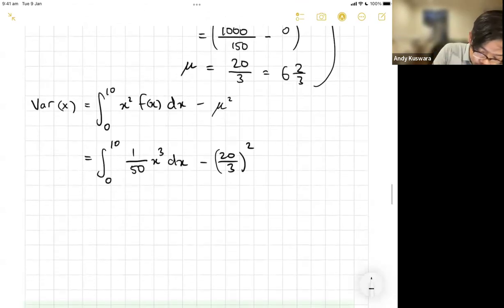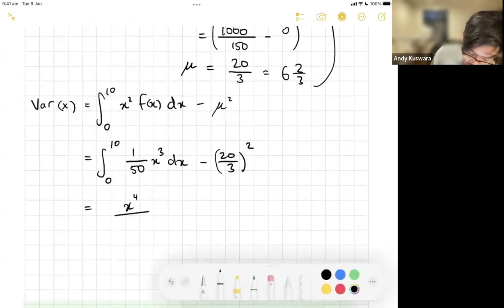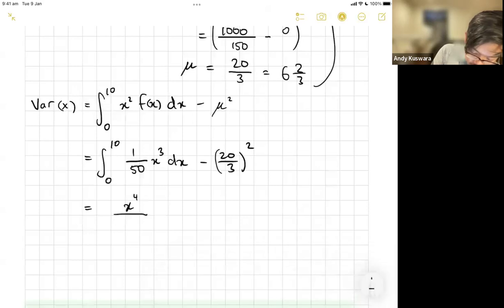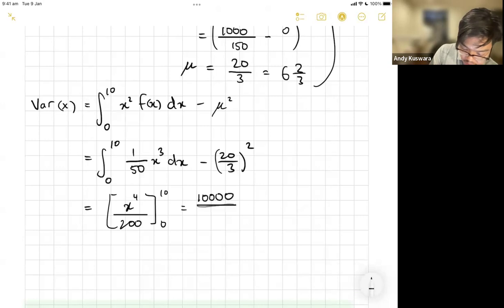Let's do this. This becomes x to the fourth over 200, I believe, again evaluating between 0 and 10. This just becomes 10,000 over 200, take away 0.